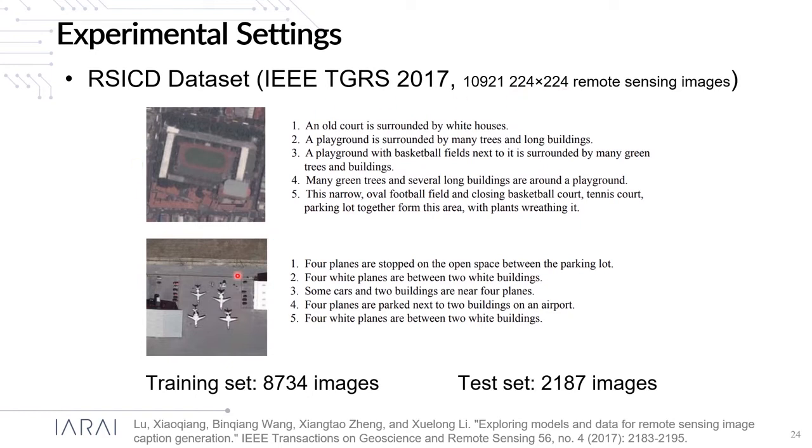And here are some demo images and corresponding text descriptions. Following the previous works, we used those 8,734 images from the training set to train our model and test the performance on those 2,187 images from the test set.